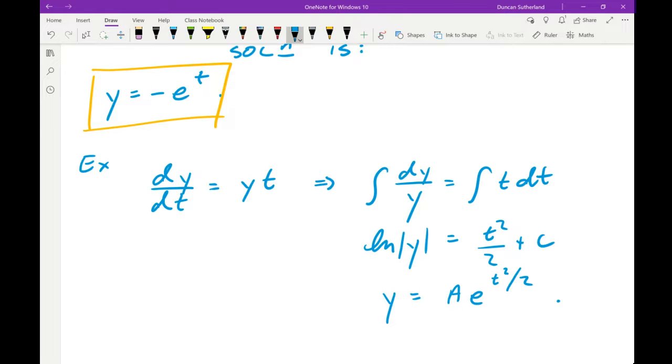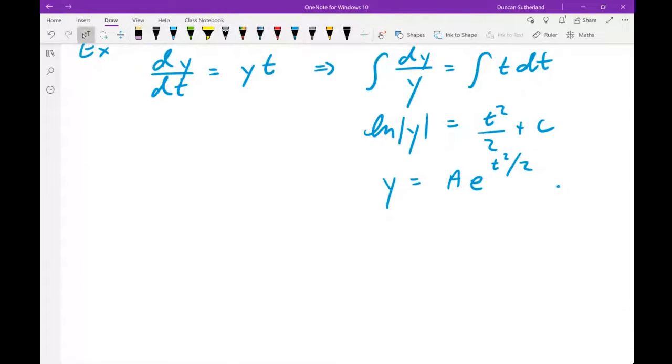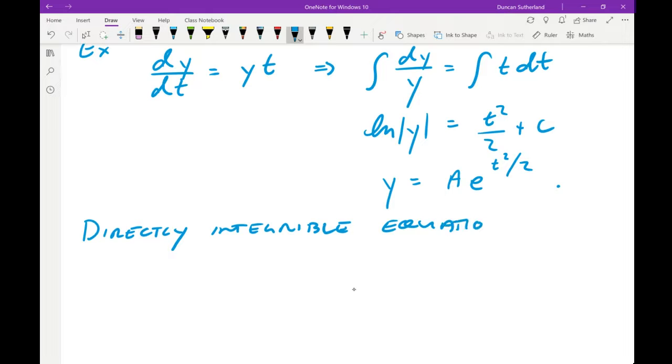Just before I pause for questions, I probably should have remarked upon what are called directly integrable equations. They're simpler than separable. A directly integrable equation has the following form: dy dt equals some function of t alone.